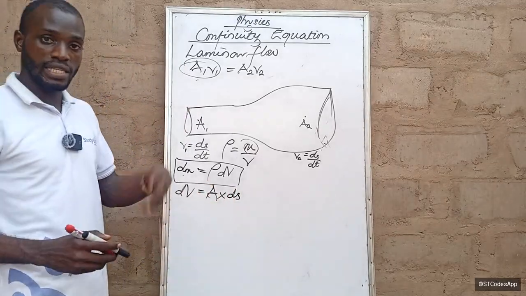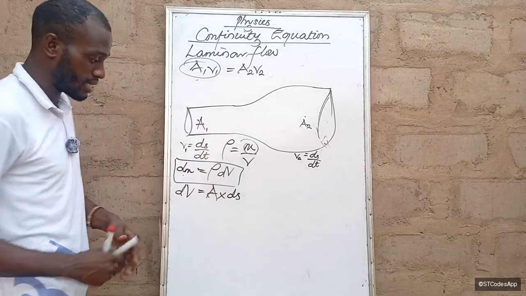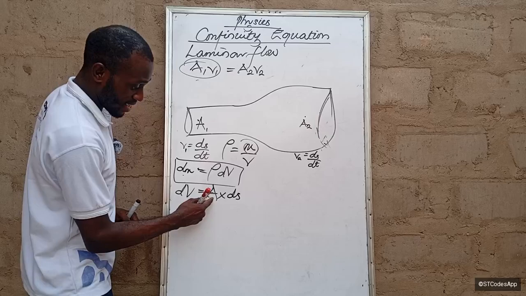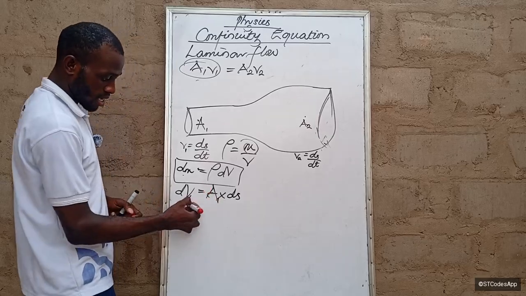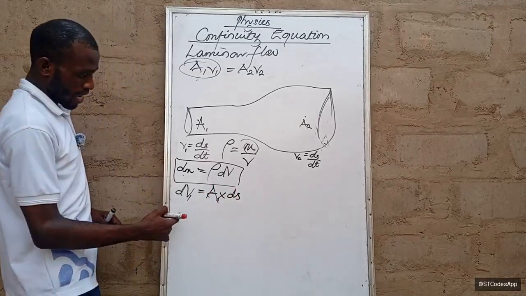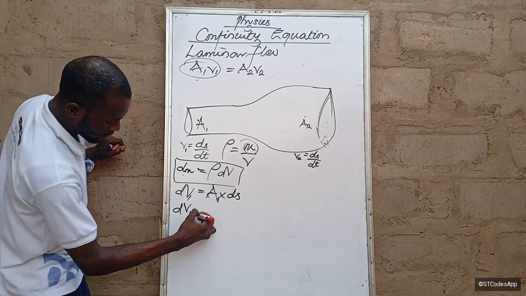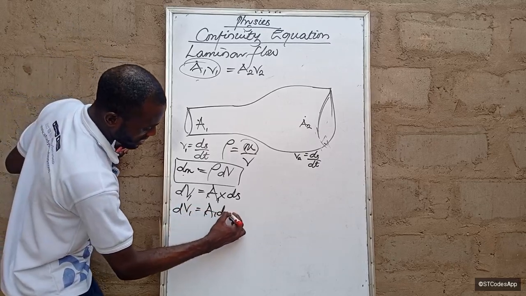In this case the area is A1, so dV1 equals A1 ds.